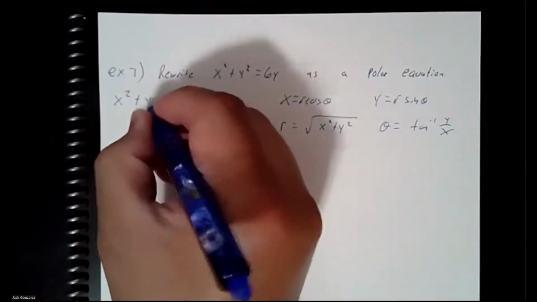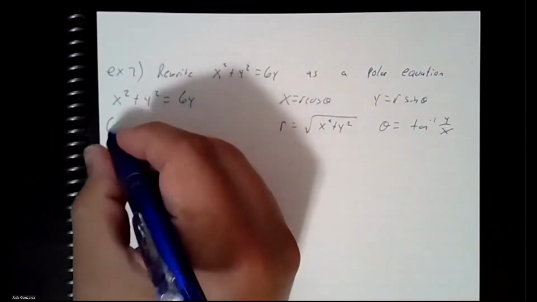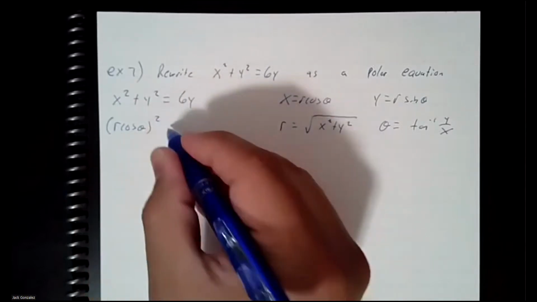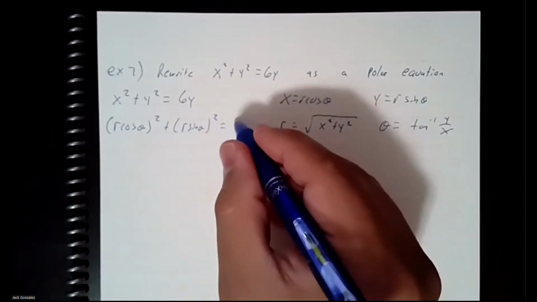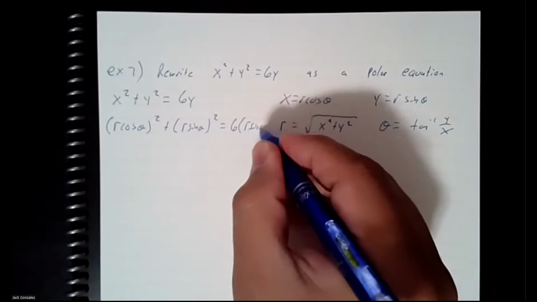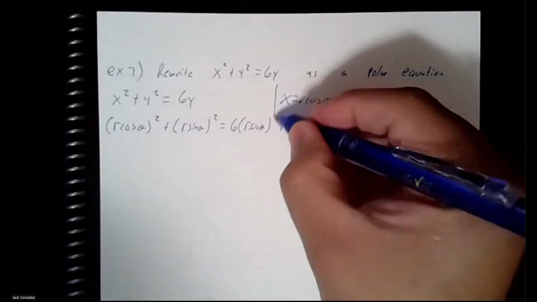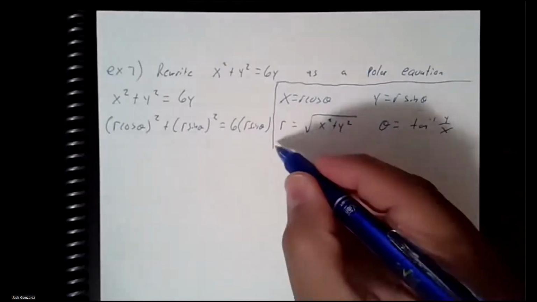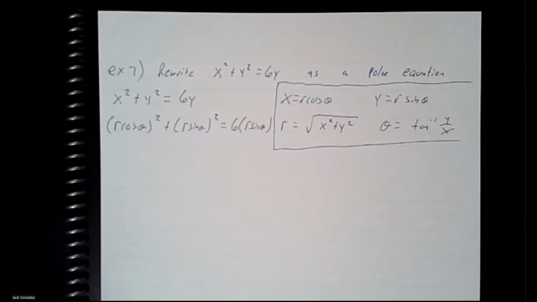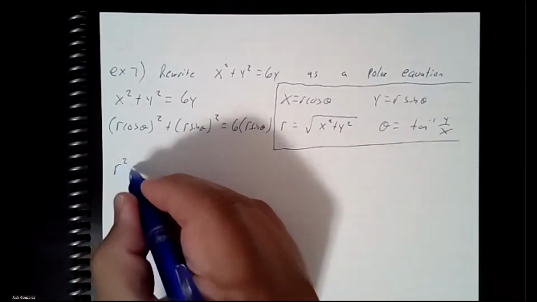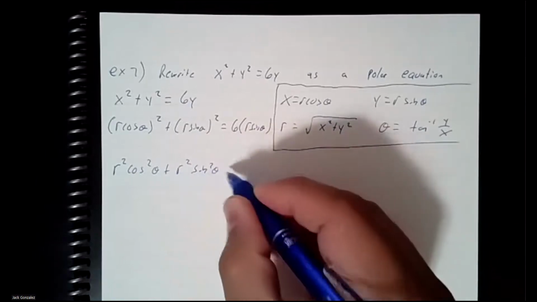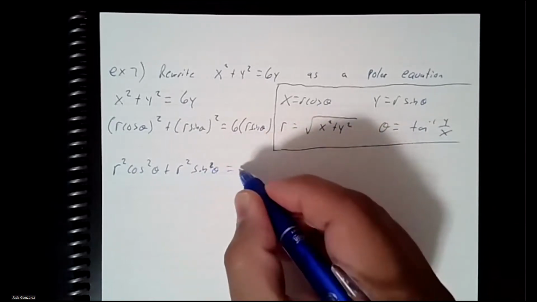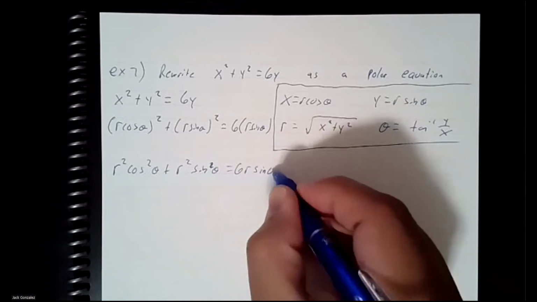So x squared plus y squared equals 6y. Replace the x with our r cosine. Replace the y with our r sine. So that'll give me r squared cosine squared plus r squared sine squared equal to 6r sine theta.